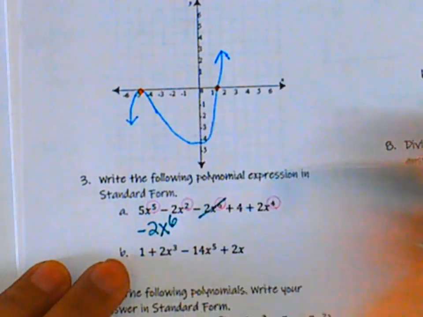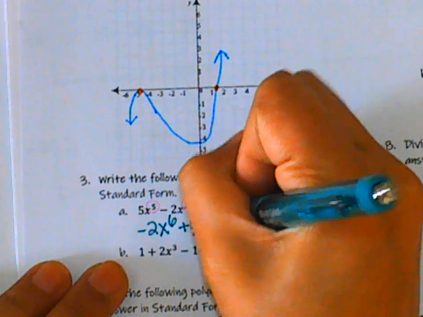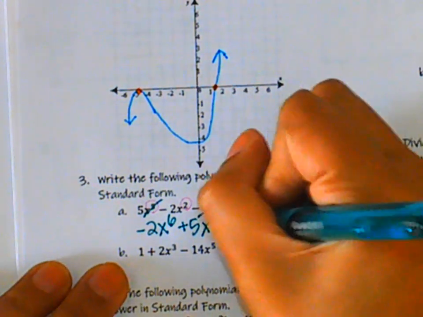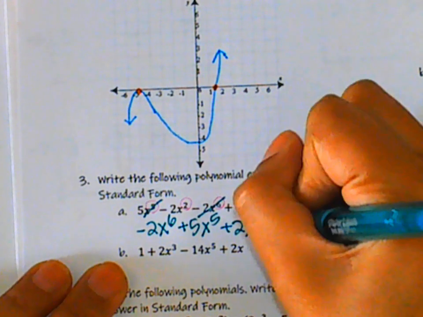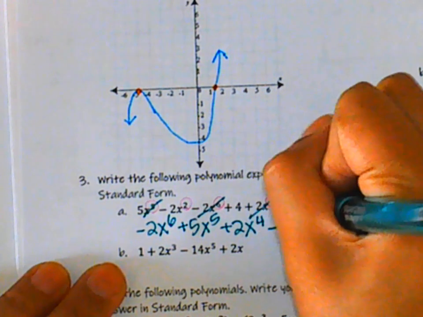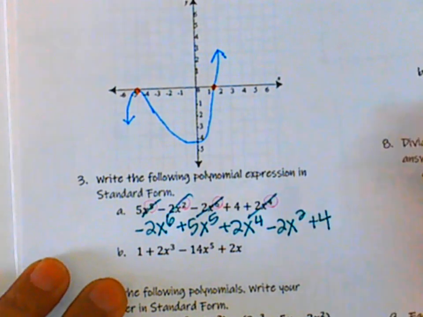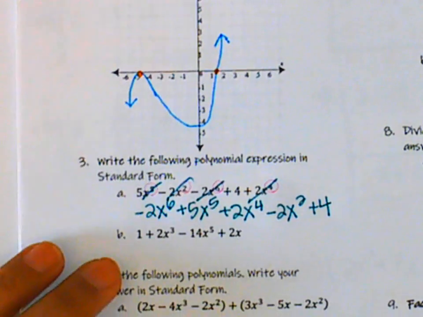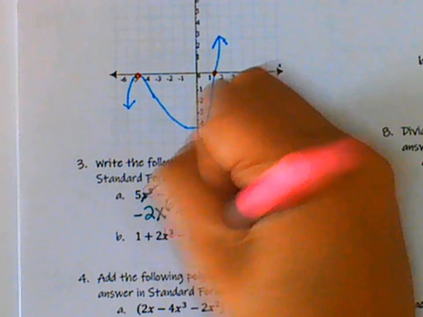I can cross it out so I don't get messed up, and then I have the 5, then I have the 4, then I have the 2, and then I have my constant, which has an exponent of 0. Doing the same thing down here, I have a 3, a 5.